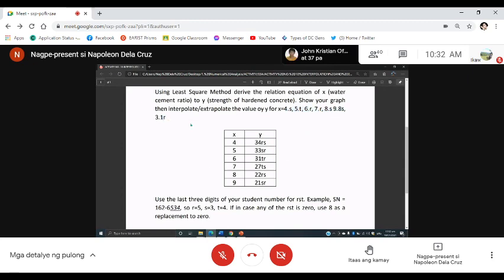Kaya very critical ako, very careful ako sa pag-i-extrapolate. Pagre-require ng extrapolating, sabi nga sa pag-i-extrapolate, be careful. Ano? Mamaya niyan, hindi ka panipaniwala. That's why I only require you to extrapolate 2 points. 9.8s and 3.1r.